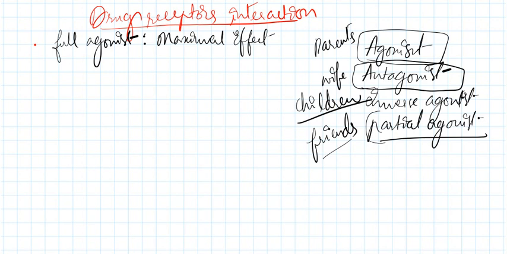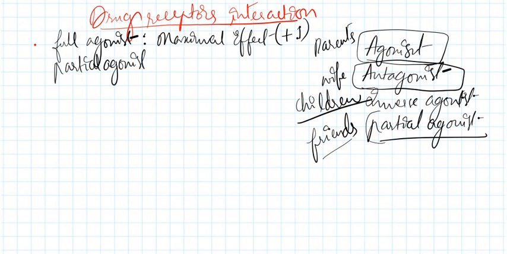So a full agonist is something which supports completely and produces a maximal effect, so it can be taken as 1. Partial agonist, that is friends. Sometimes they support you, sometimes they backstab you.